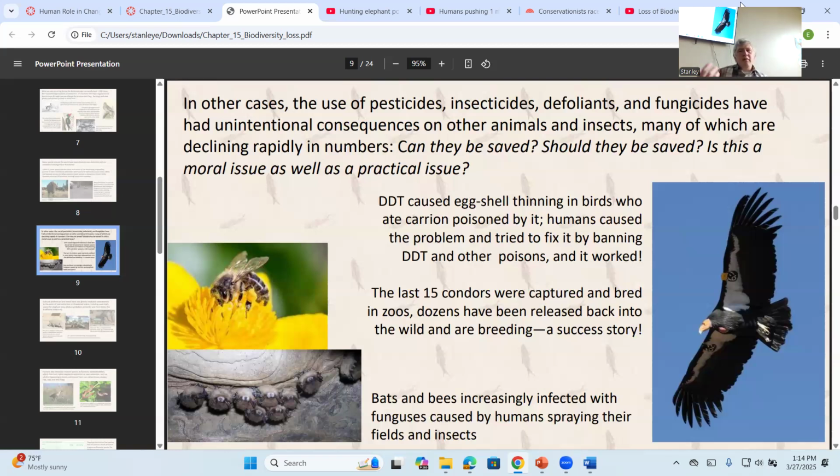The ones that did survive often had problems or were endangered, right? There have been efforts to stop this, just stopping spraying these chemicals, and we can see that this works because in the United States we've stopped spraying it, and species like eagles have come back pretty well.